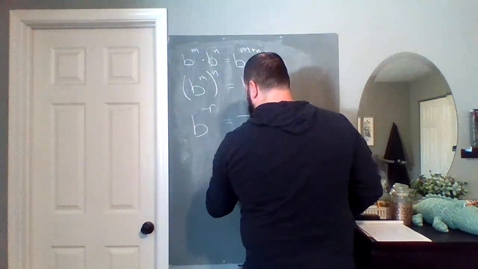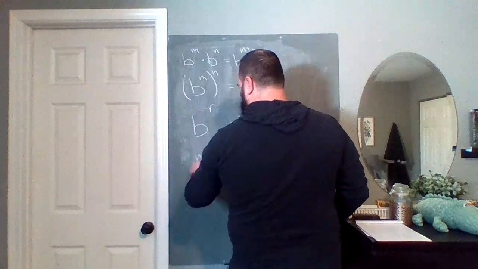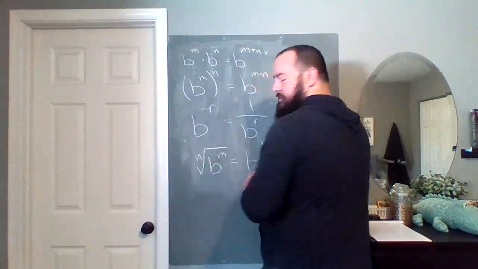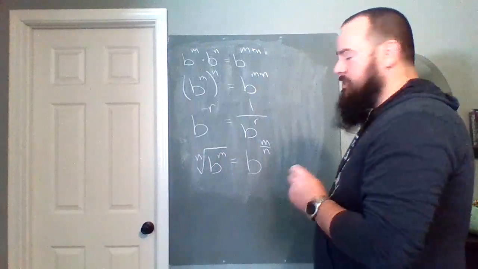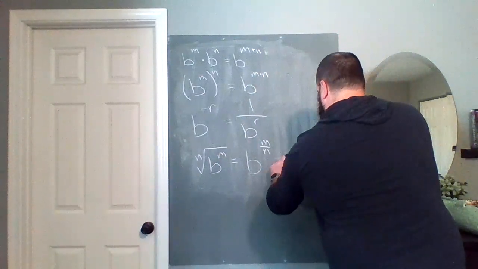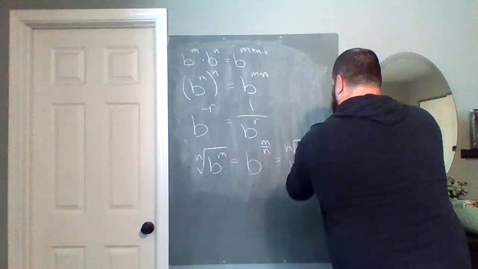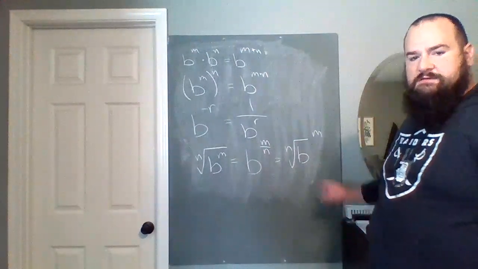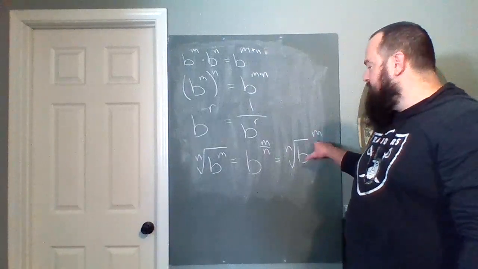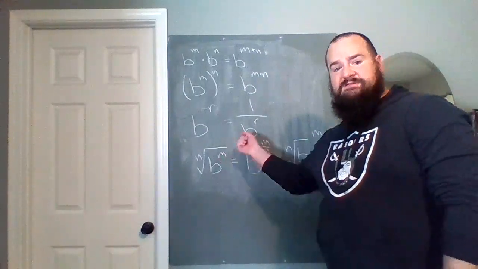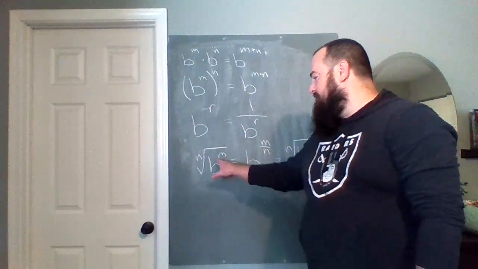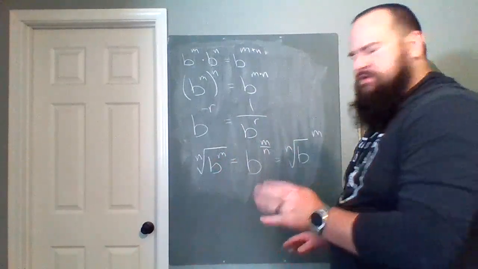So I can write this as the nth root of b to the m, but I can also write it as the nth root of b all to the m. The difference here is just where that m is, and it doesn't matter whether it's inside or outside. What matters is it's applying to everything here. Let me give you an example of that.